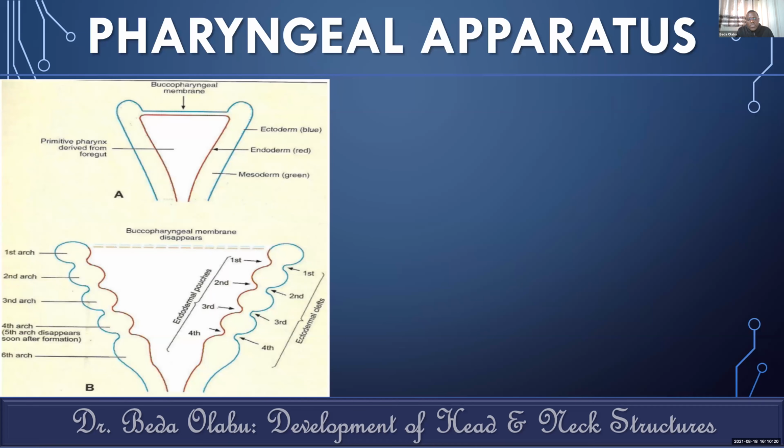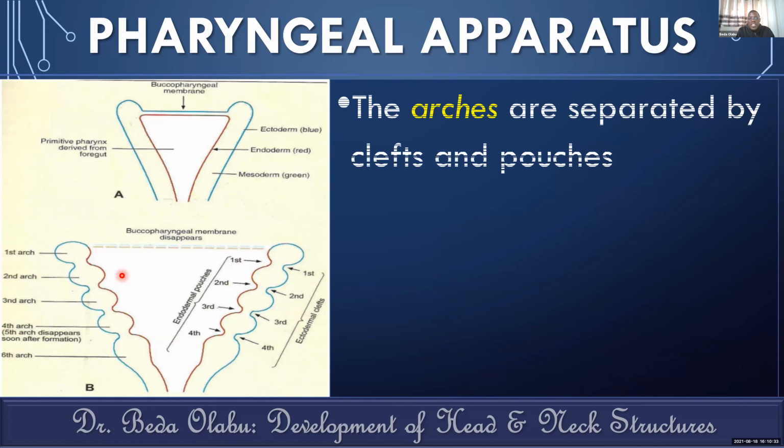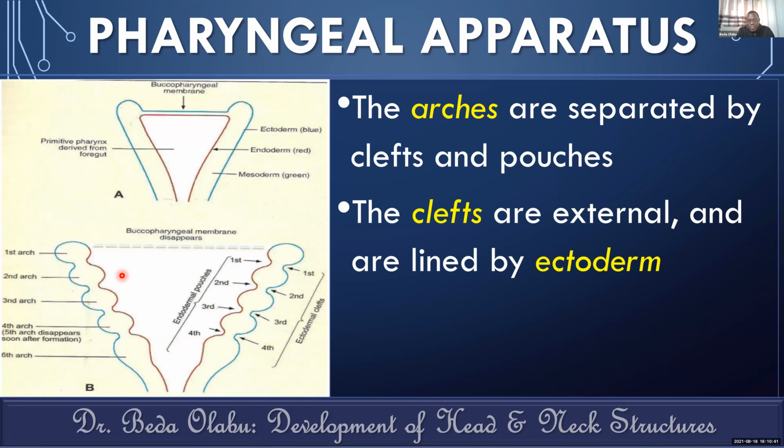And so as we finish, let's now talk about the other components of the pharyngeal apparatus. These ones will now be quick. I started by telling you that each pharyngeal arch is separated by a pharyngeal cleft and a pharyngeal pouch.